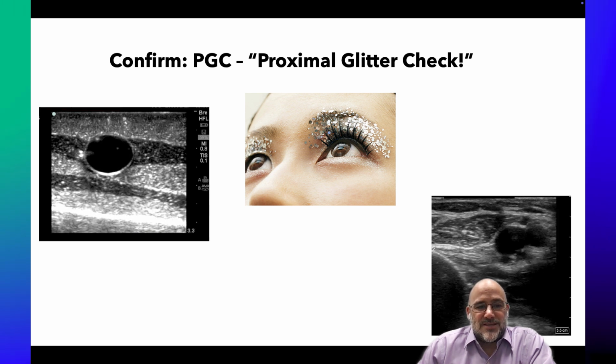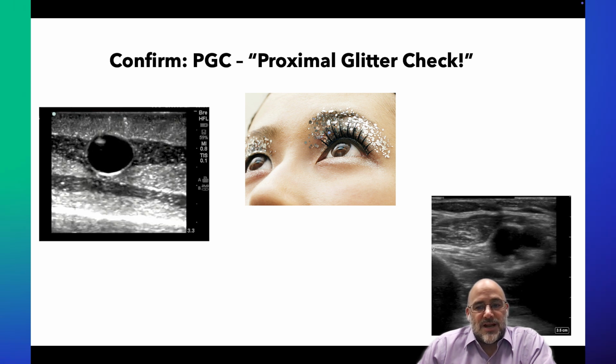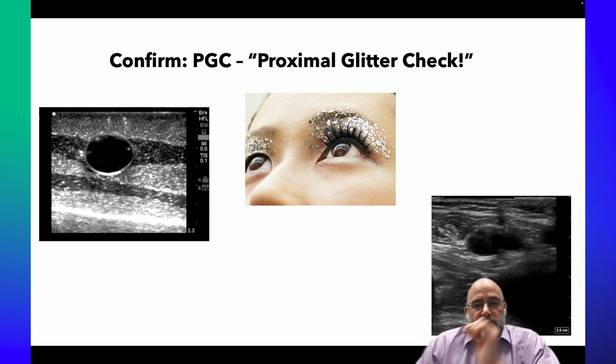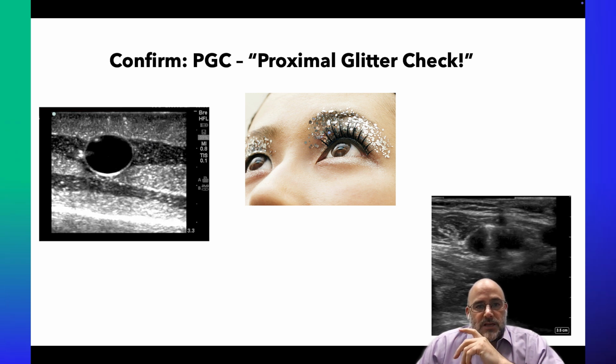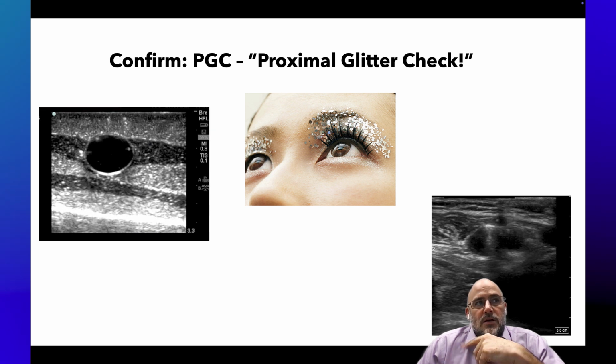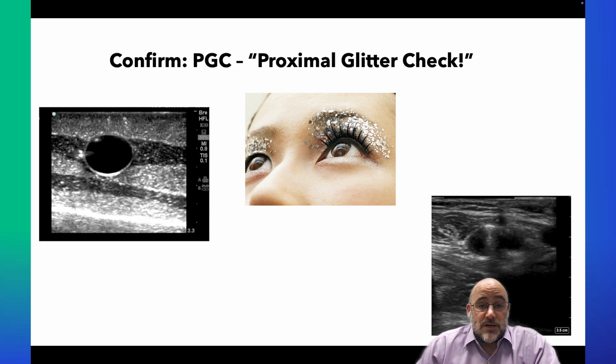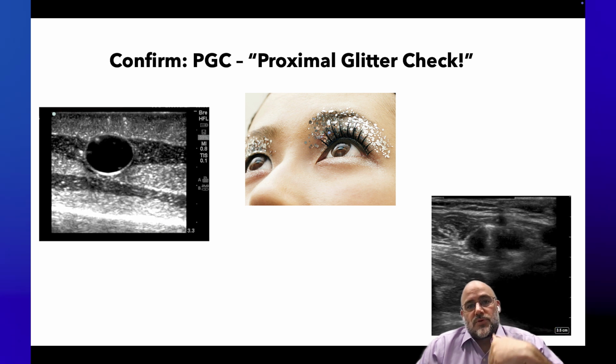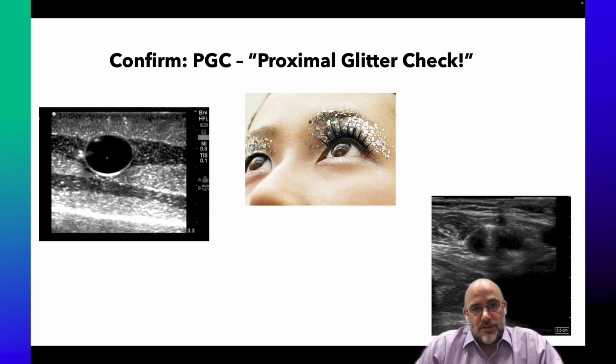Now, once all that's done, the last step that I recommend is something that I call the proximal glitter check. Whenever you've got a catheter in the vessel, and whenever you can flush the catheter, or set up just regular IV fluids, honestly, you'll often see some turbulent flow in the vessel proximal to where that enters the patient.